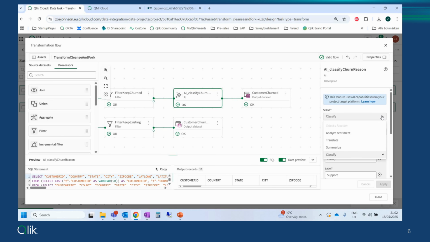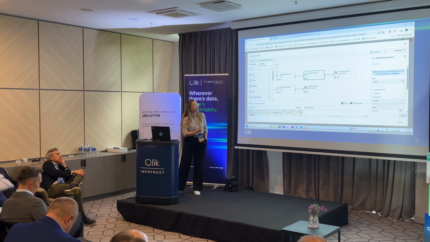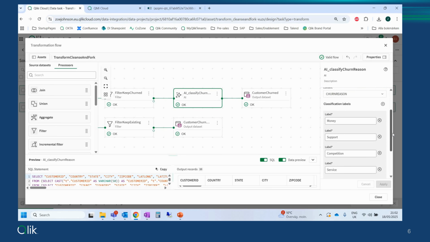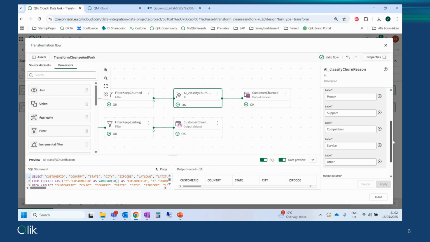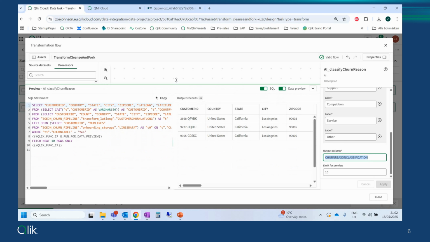For example, I could analyze sentiment, I could translate fields, but I'm going to choose classify. And what I'm going to do, if you can see on the right-hand side, I have about 5 labels like money, support, competition, etc. This is where I classify the churn reason.